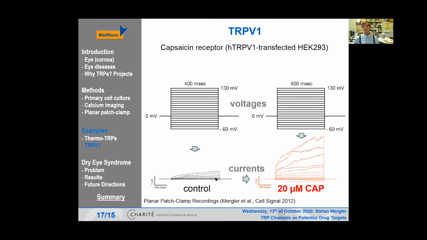And after application of capsaicin, there are clearly outward rectifying currents, and we can also see an increase of inward currents. The inward currents are mainly carried by calcium. This means that the inward current corresponds to the calcium imaging, because the external solution contains calcium and the internal solution is calcium free.